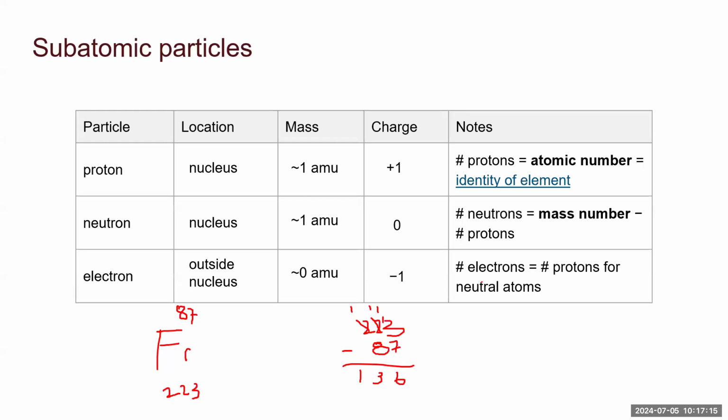We're going to get into that more a little bit later, but for the time being, this right here tells you almost everything that you need to know to be able to deduce how many of each subatomic particle is present in any given atom. So, yep.